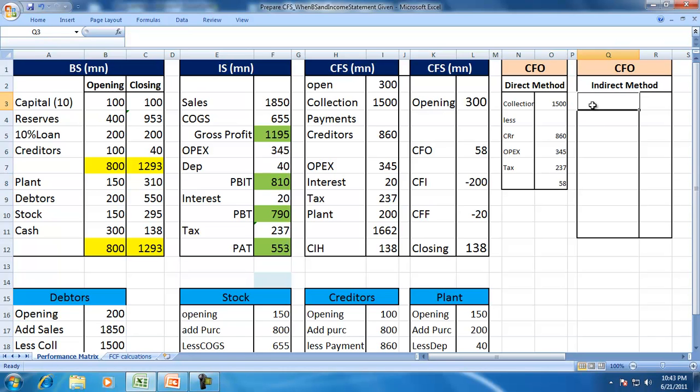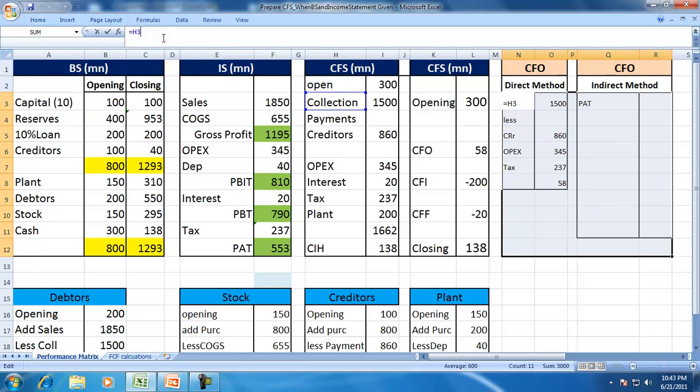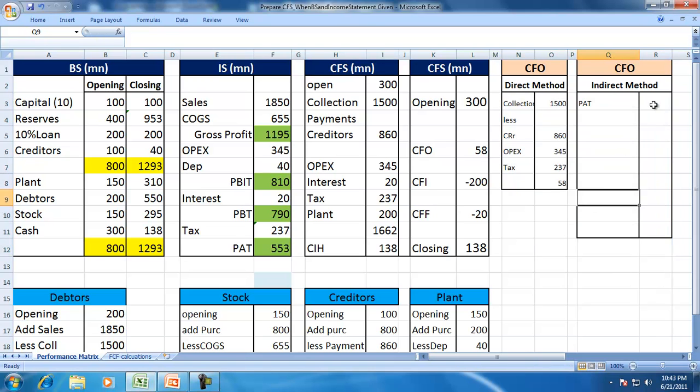But the indirect method, as we know, will show why the PAT is not the same as the CFO. So the indirect method reconciles PAT with CFO, and we have seen in the past it is because of depreciation and amortization.